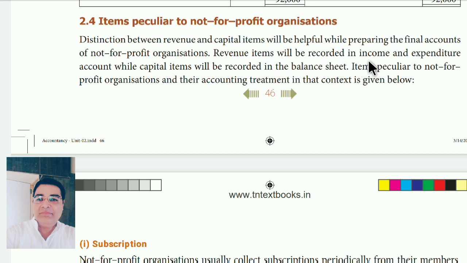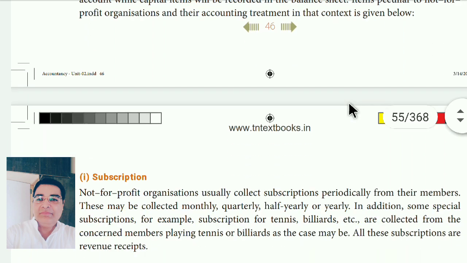Revenue items will be recorded in income and expenditure account. So only revenue income and expenditure will be accounted in the income and expenditure account, while capital items will be recorded in the balance sheet. Items peculiar to not for profit organization and their accounting treatment in this context is given below.